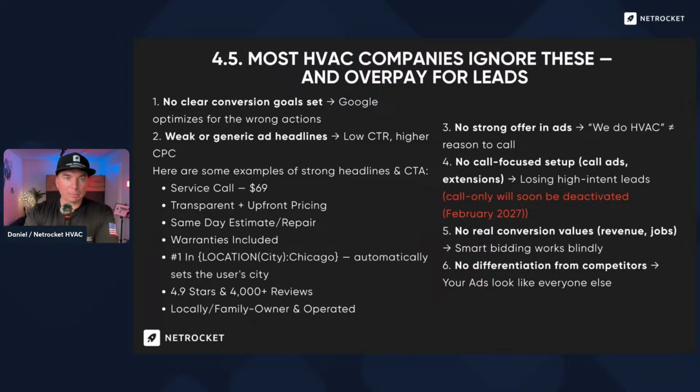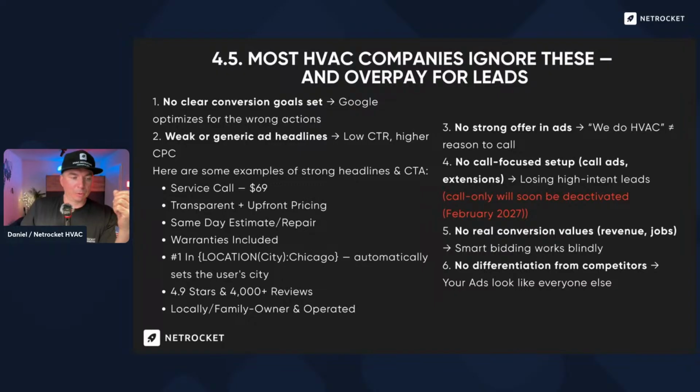Here are some examples of what can be used in the headlines. And again, it's on you. Either you can put the service call price there, like $69 for service call, some promo or promotion, or you can use the city or the specific area.